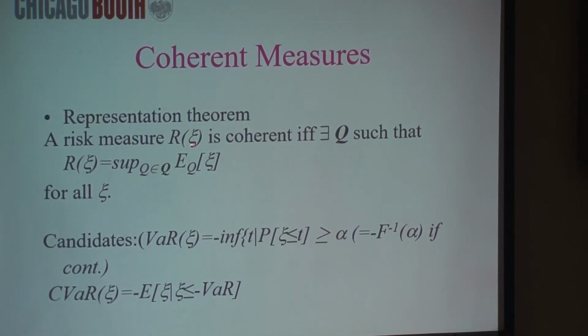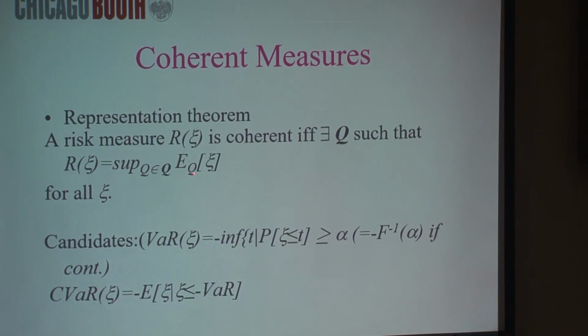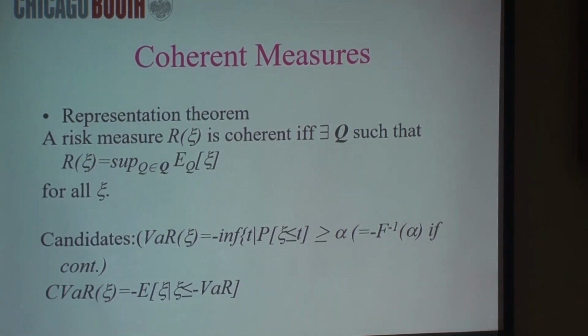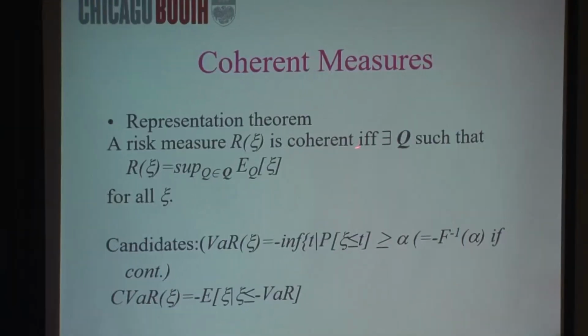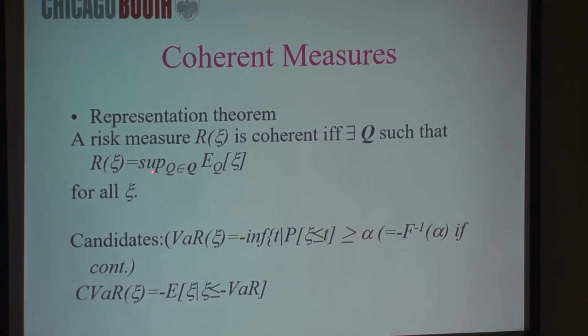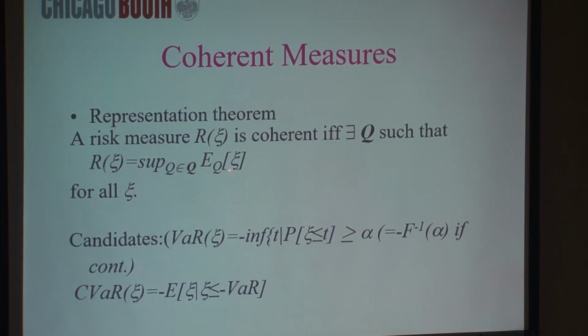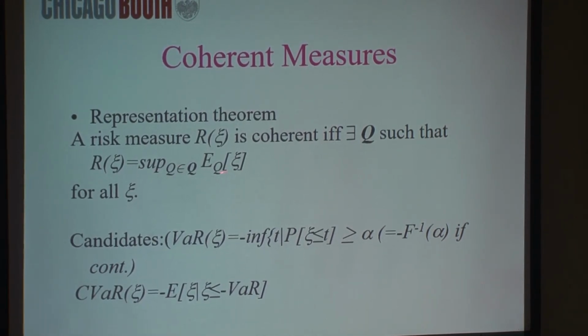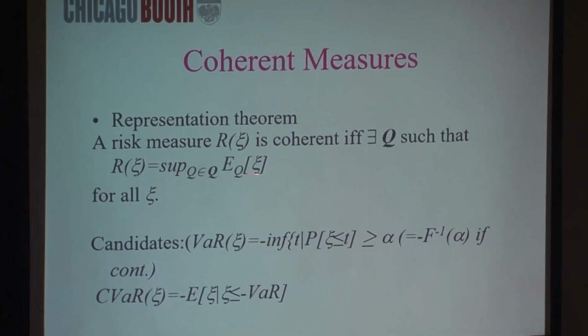So if R is a coherent risk measure, you can always write it down as the supremum over a set of probabilities Q, a set of probability measures, of the expectation with respect to that probability measure of this random value C. So coherent risk measures, because they always have this representation, this is always going to be convex, because it's the maximum of a set of linear functions, and the maximum of a set of linear functions is always a convex function.